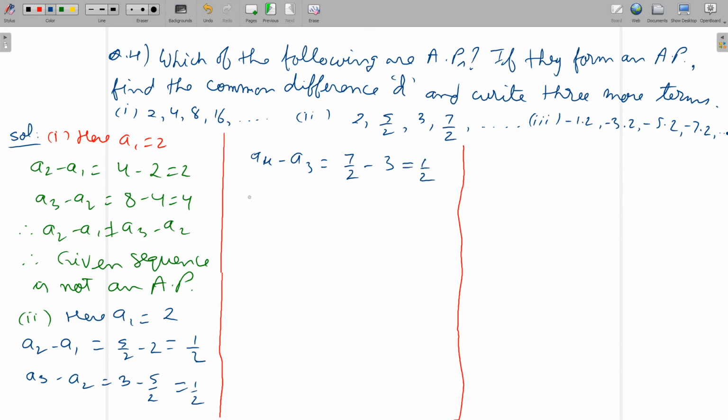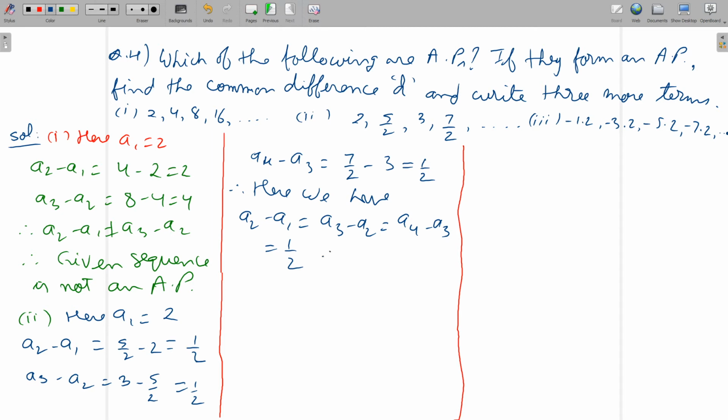So from what we can see here, A2 minus A1 is equal to A3 minus A2, which is equal to A4 minus A3. That means the difference is constant everywhere, and that is equal to 1 by 2.